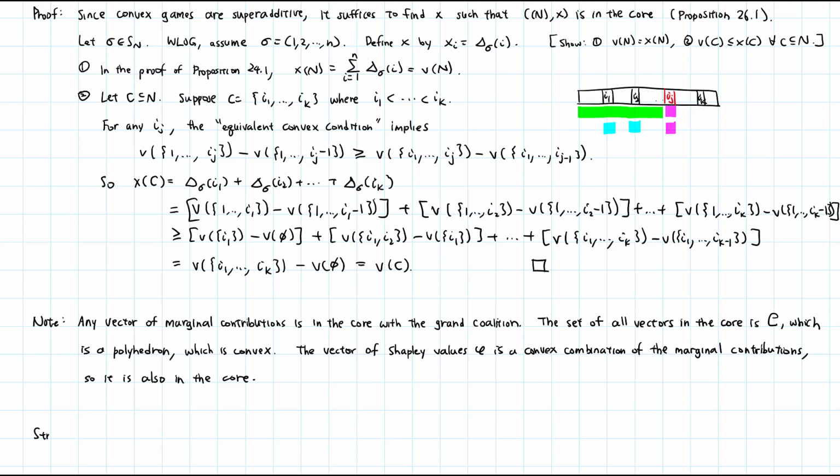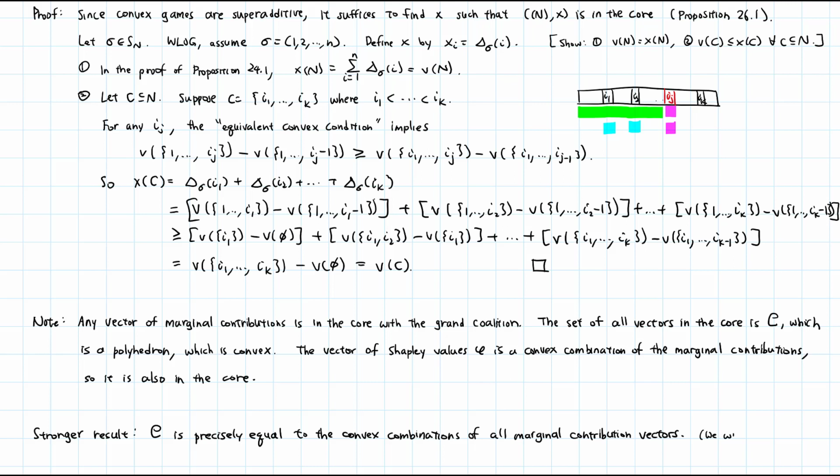Now there is actually a stronger result. The set script C is precisely equal to the convex combinations of all the marginal contribution vectors. There are no other vectors in the core, and we will not prove this result here.